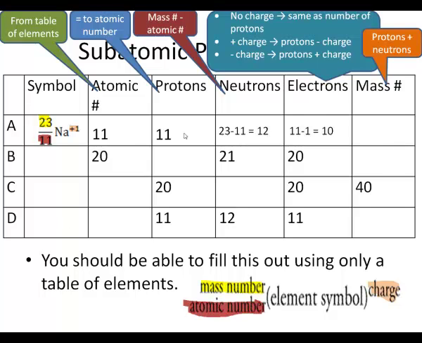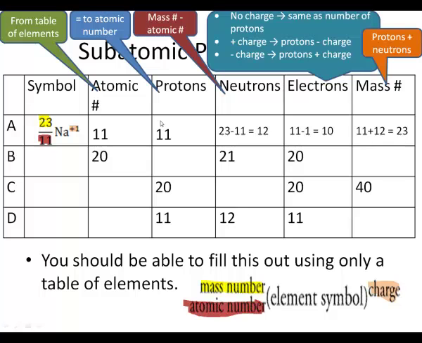So if I have 11 protons, I must have 10 electrons. Lastly is mass number. We're just going to add protons and neutrons there. So 11 and 12 make 23. So that was a good example of going from the symbol to figure out all of these different columns here.